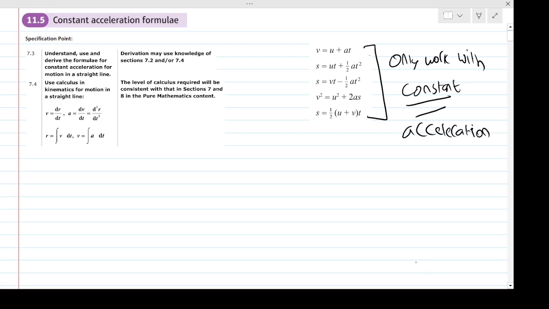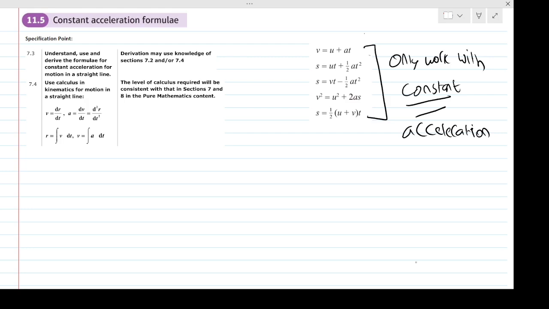When the acceleration varies, so throughout the journey the acceleration constantly changes, then we can't use them. And so instead, we use the techniques we've seen in this chapter. So we use functions, and we can use calculus, differentiation and integration, to convert from displacement to velocity to acceleration, and then vice versa, okay?